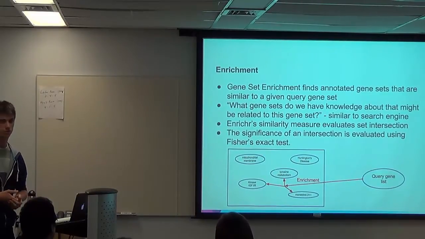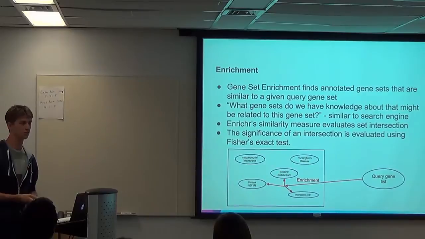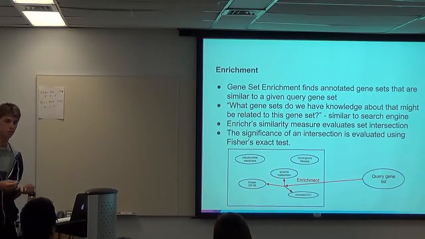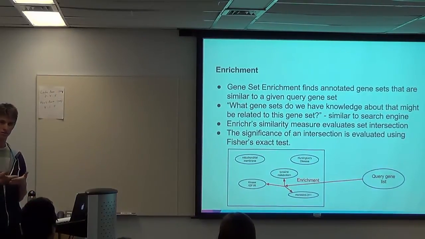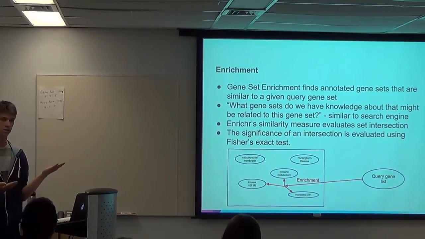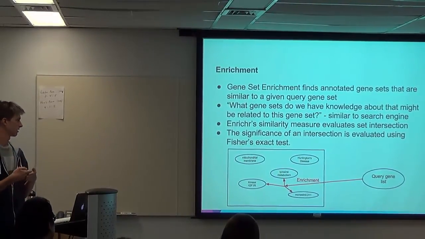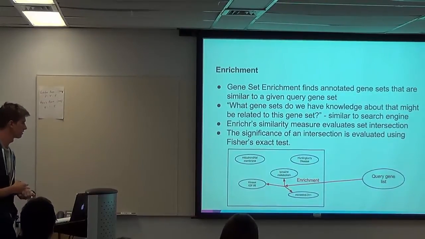Or it's similar to a search engine. To evaluate the similarity, we use overlap of the sets. So the genes in common in the two different sets, the annotated set and your query set, see which genes are in common, and we evaluate the size of this overlap using Fisher's exact test.